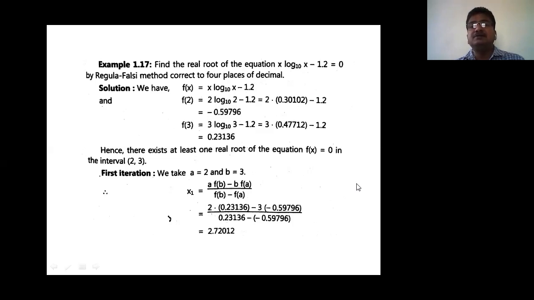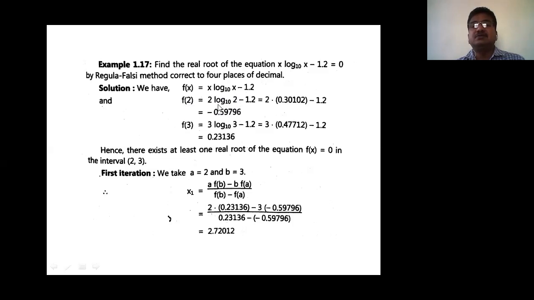Okay, so f(x) is this, x log x minus 1.2, not 1.5. And then first find two numbers by using the trial and error method, such that f(x) is negative and positive at those numbers. So the numbers are 2 and 3. At 2, the value of f(x) is this. We can find this log 2 with base 10 using the log key on the calculator.